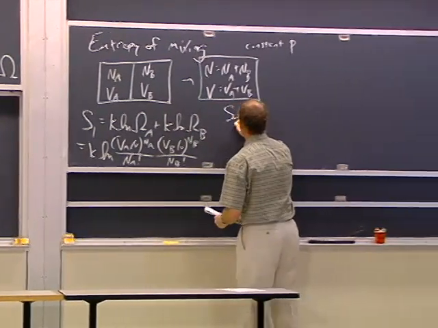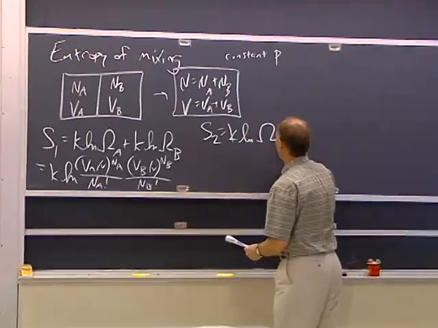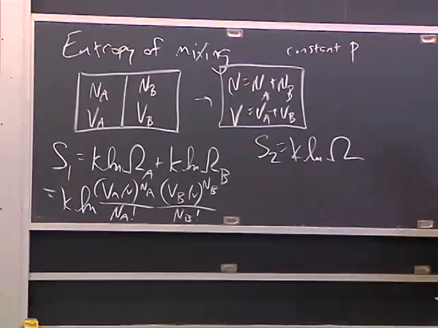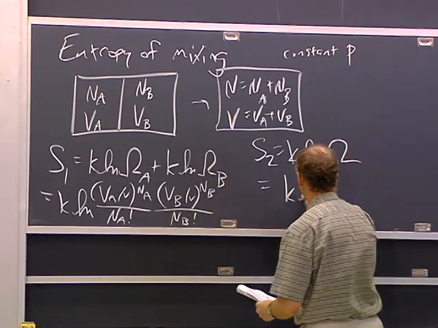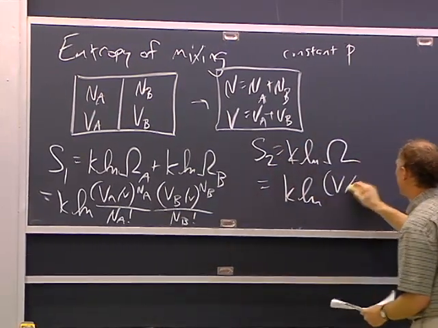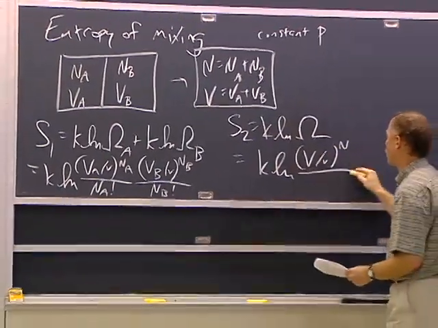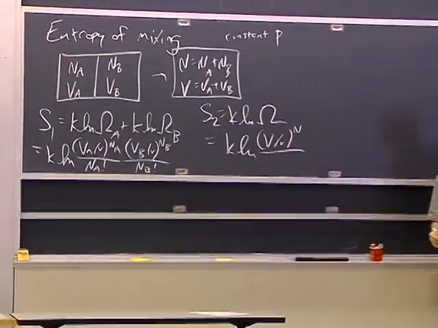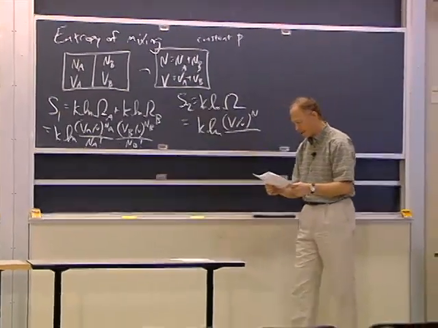And S2, the final one, is just k log omega for the whole shebang, right? And that's k log, and now we have capital V over little v to the N power. And now we have a combinatorics result that I think probably you're all familiar with from one context or another.